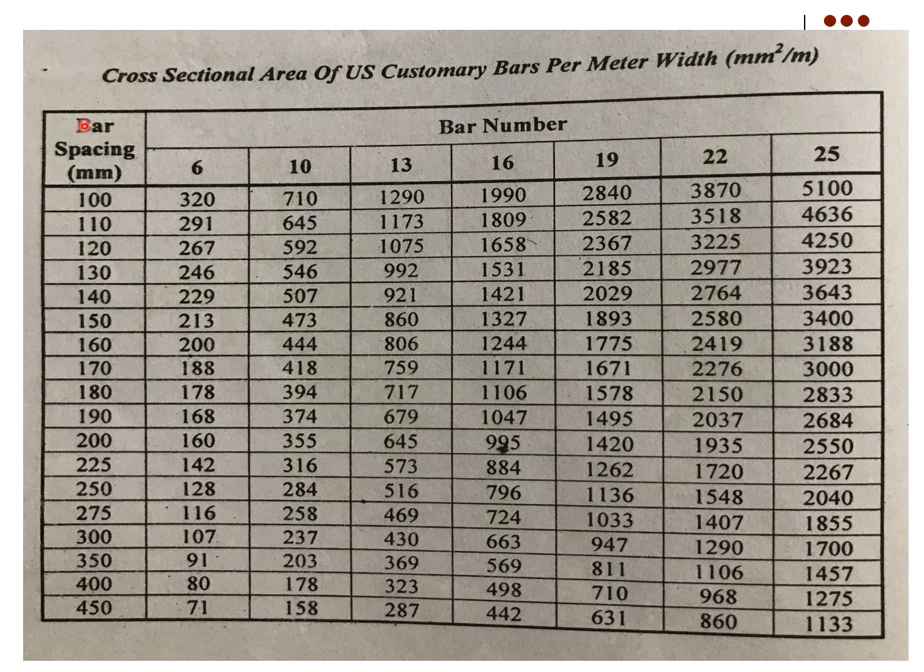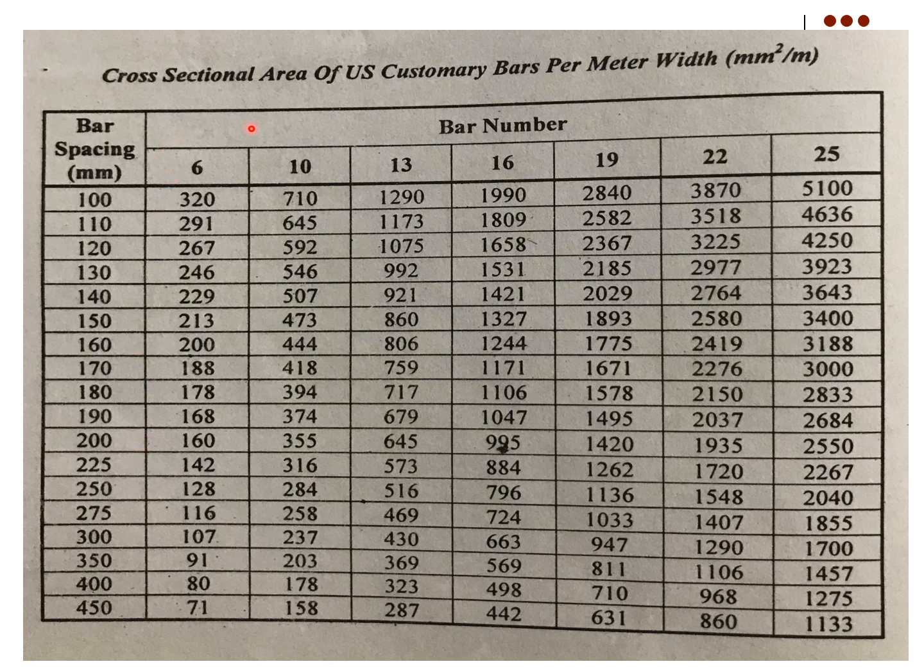On the left side we have the spacing, starting from 100 millimeter to 450 millimeter. In between are the areas of steel in millimeter square per meter, for example, 320 millimeter square per meter.